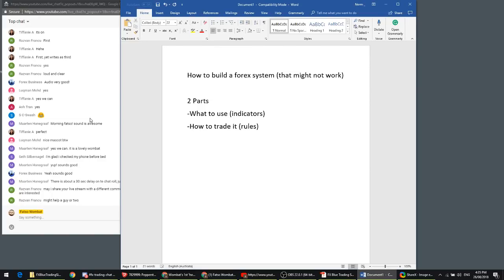So we have two parts to any system: what the system is and how it's going to be used. I have four simple points for each one. We'll start back to front, with how to trade. Now you probably may have seen me post this on the forum.